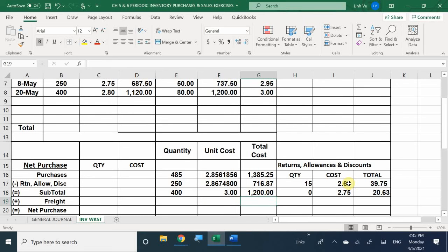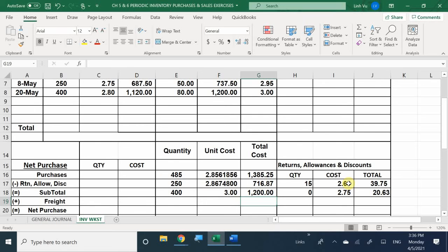Because we got 1,200. So this one I know for sure is good to go. There's no additional things I need to fix for it. Okay. So just updating my inventory so that when I do calculate my goods available or my cost of goods sold, I know that this batch is solid.